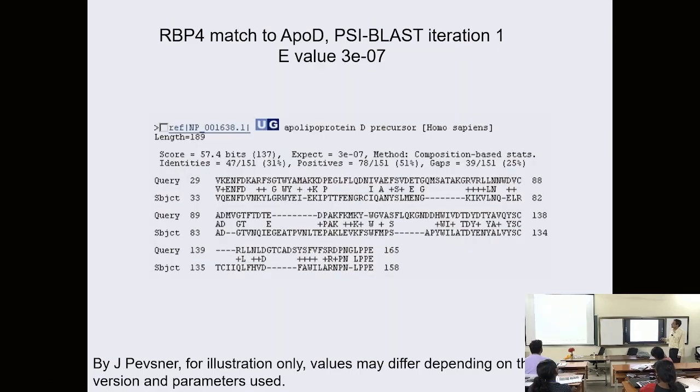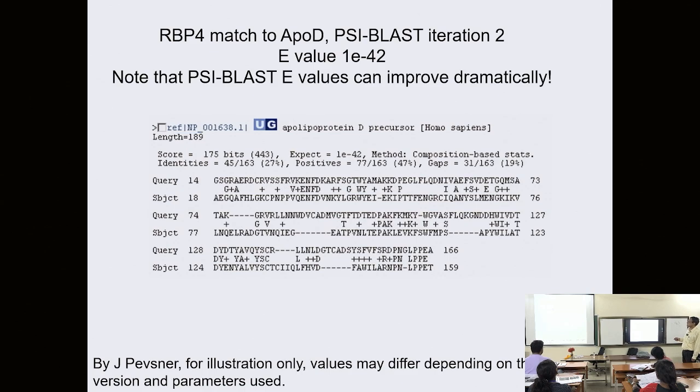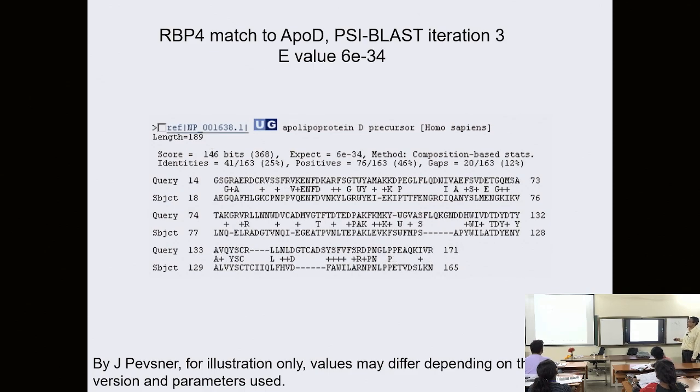Okay, so retinol binding protein matching with ApoD, apolipoprotein D. Iteration 1, E value 10 power minus 7. Iteration 2, 10 power minus 42. Iteration 3, 10 power minus 34. So don't worry, it is not going to always decrease. It is just adjusting.